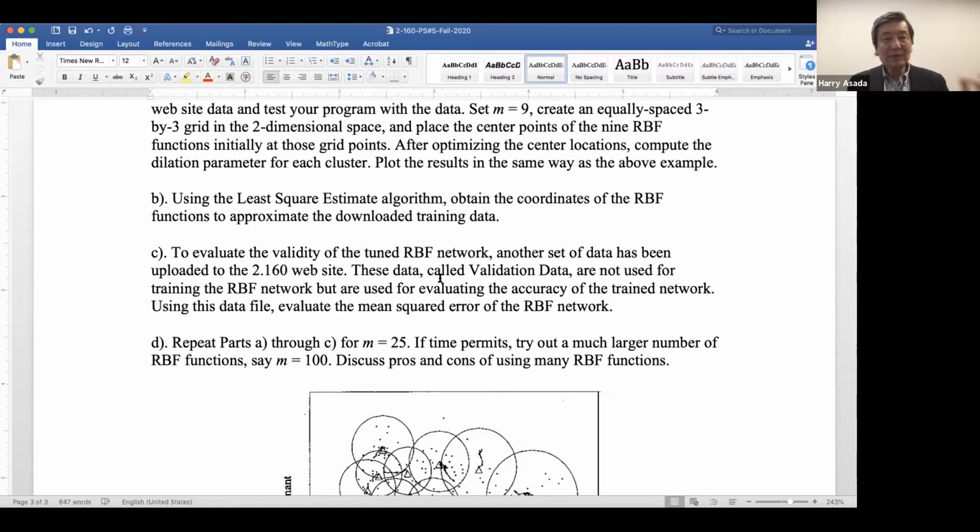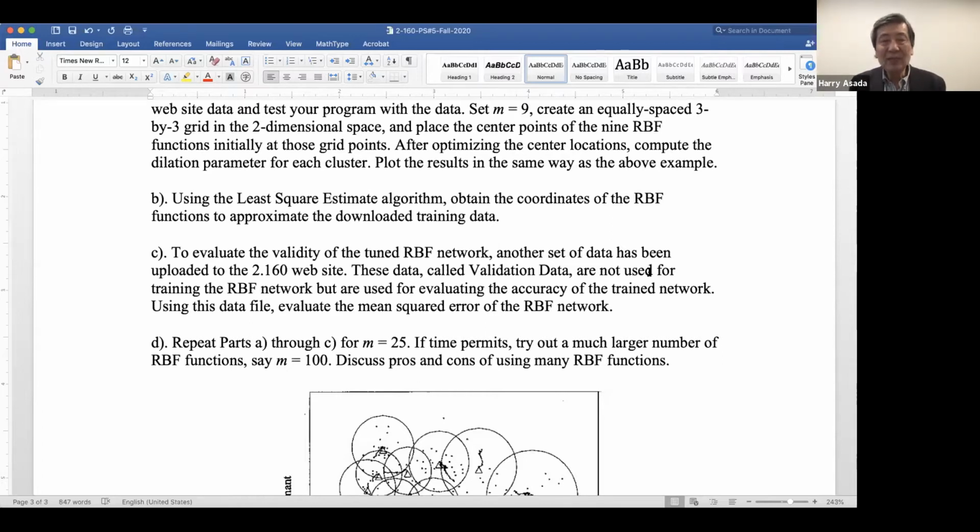I think we haven't discussed this validation method yet, but this is important in machine learning. We always have to retain some data. We hide such data from the machine learning algorithm, and let it do tuning without that validation data. And then suddenly you show the new data and see how it works, right?